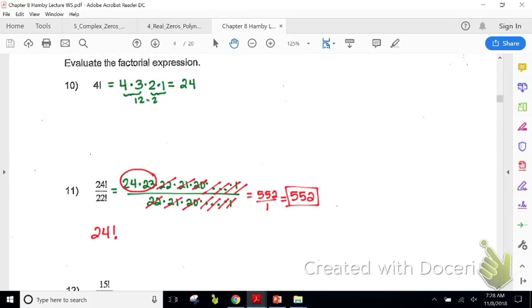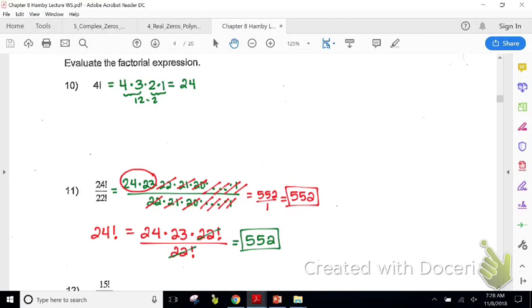I could say, well, that is 24 times 23 times 22 factorial, right? Because that includes all the numbers down below it. Over the 22 factorial. And then we would have said, oh, well, those cancel. And that would give us our 552.